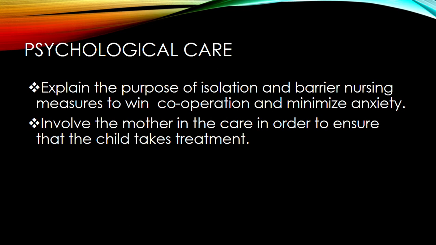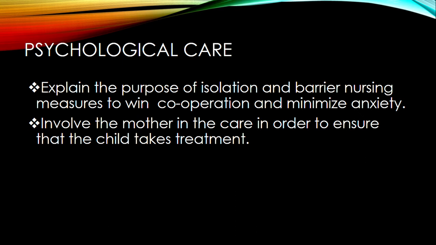Then explain the purpose of isolation and barrier nursing measures to win cooperation and minimize anxiety. So when it comes to diarrhea, these children or patients are isolated, and because they are hospitalized, their family members are anxious. They want to be visiting their children, their relatives.